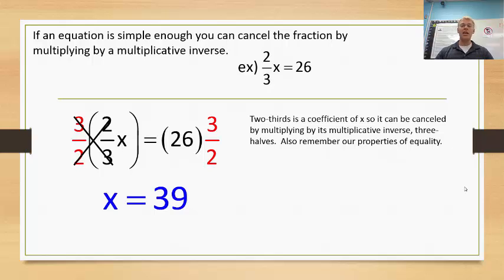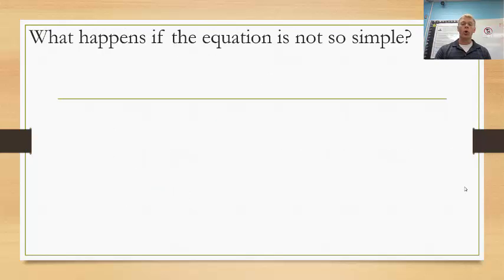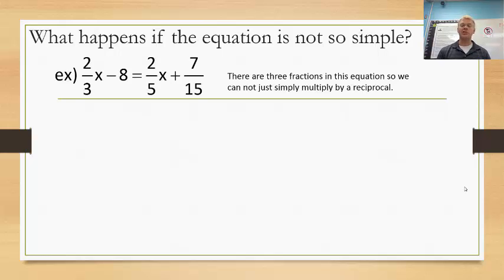So if the equation with a fraction is very, very simple and only has one fraction as a coefficient, we can do this. This can be a method we can use. However, we're going to run into equations that are not so simple, such as this equation here. Now we still have 2/3 x, but you can see there's a 2/5 x on the other side, and we have variable terms on both sides.